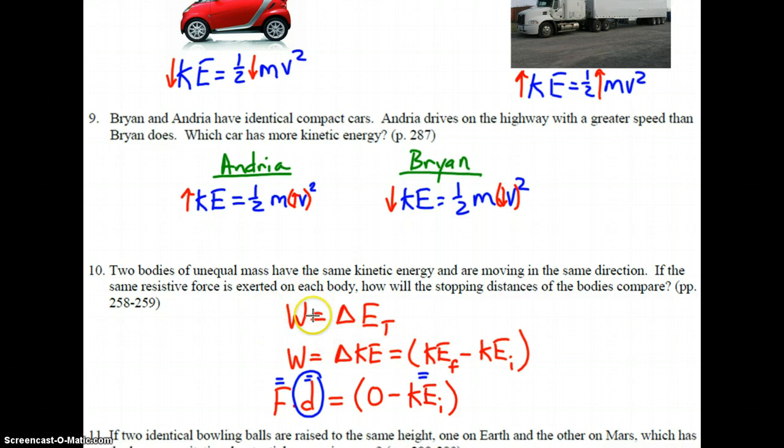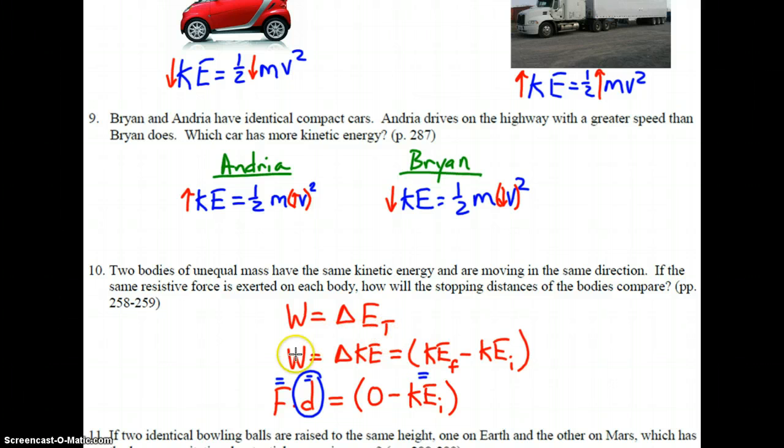We've already talked about work, so let's talk about ET. E is the symbol for mechanical energy. Subscript T means total, so total mechanical energy. Mechanical energy is the sum of all the kinetic and potential energies in a system.